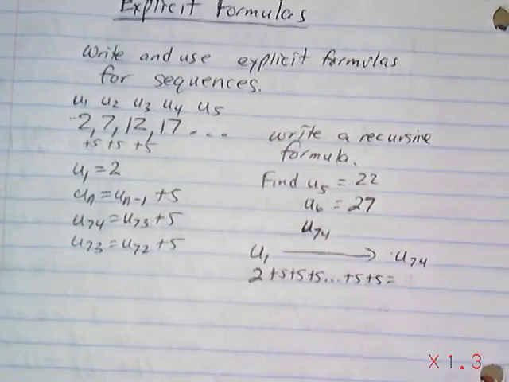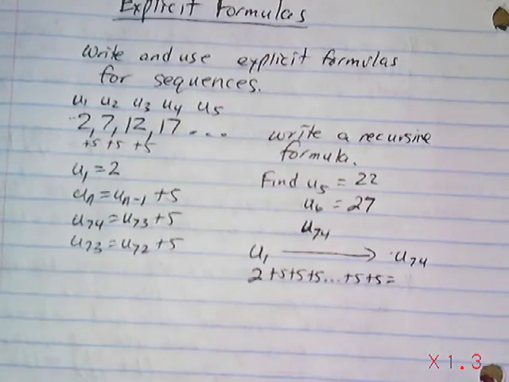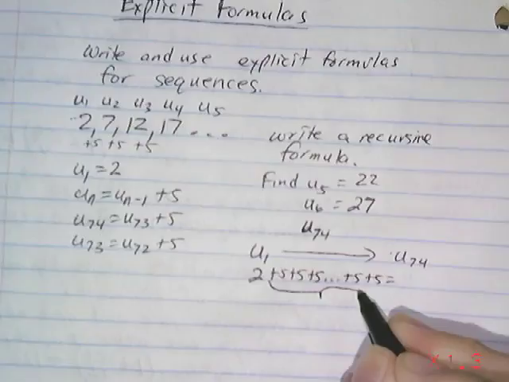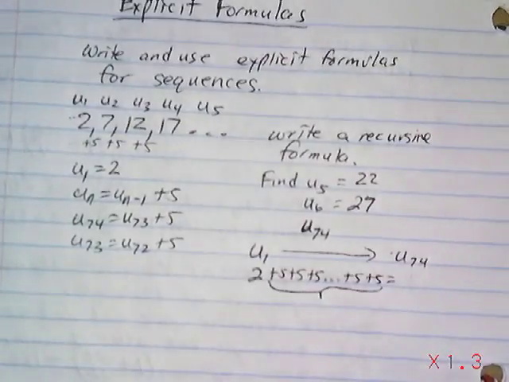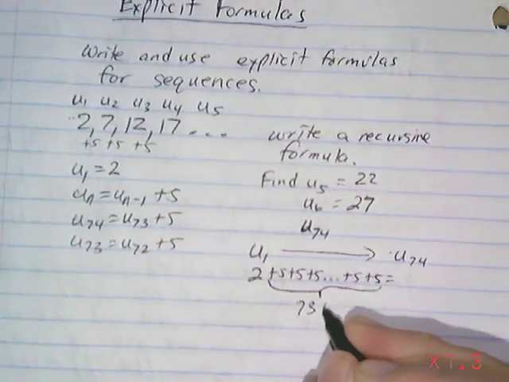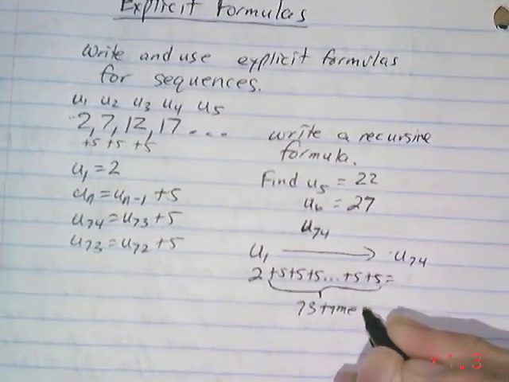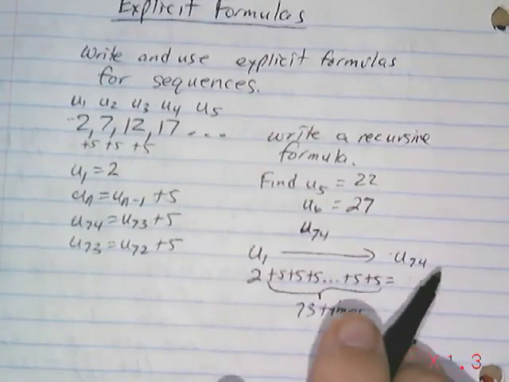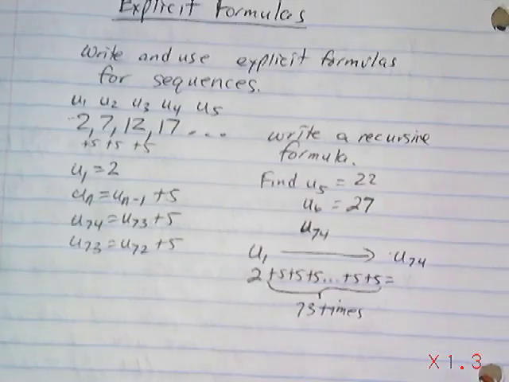Now that I can do at once. So 2 plus 5 times 73 is 367. U sub 74 is 367, not something we want to get going the long way.